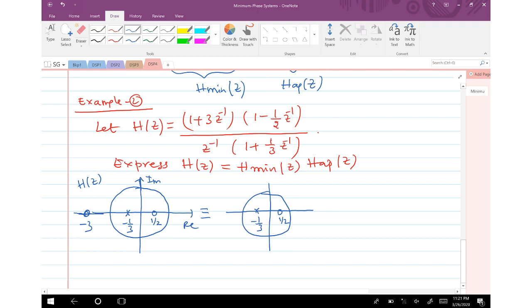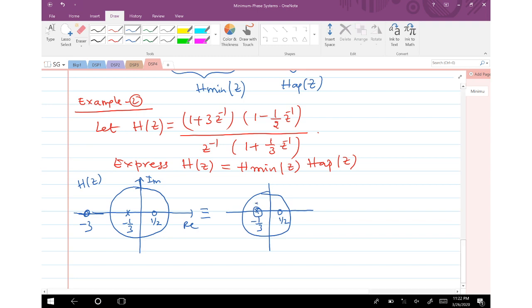You take the conjugate, that's minus 3 in itself, and then inverse, minus 1 by 3. So when you are trying to write it for a minimum phase system, it is resulting in a 0 at z equal to minus 1 by 3. You had a pole at z equal to minus 1 by 3, so both get cancelled out here. Okay, this will not be there anymore here.